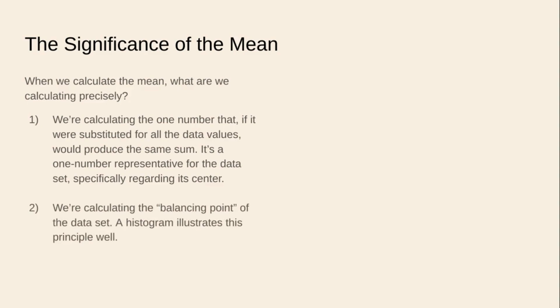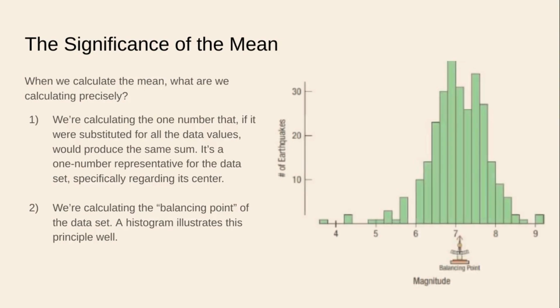Number 2, we are calculating the balancing point of the data set. And we have a histogram right here that demonstrates this principle well. This is the earthquake data. This is not the bug data, of course. And like the bug data, our mean is very close to where our median is.